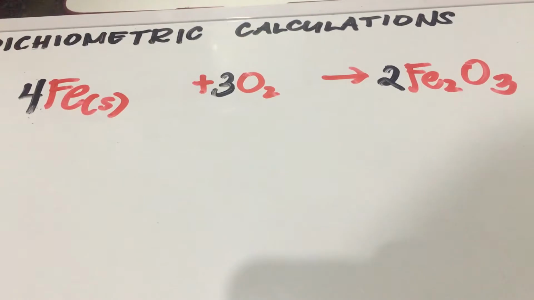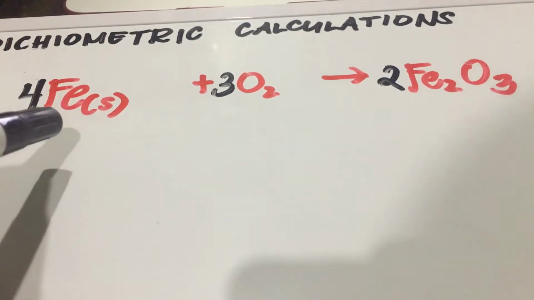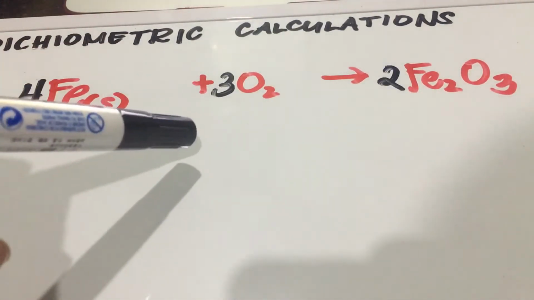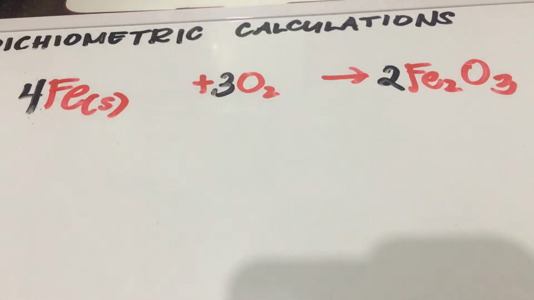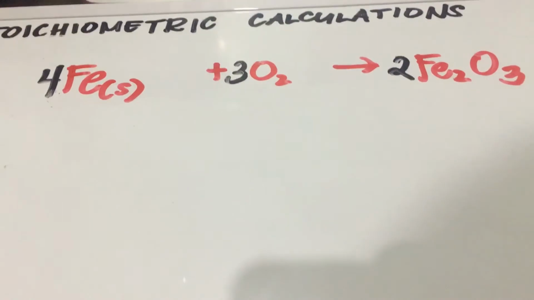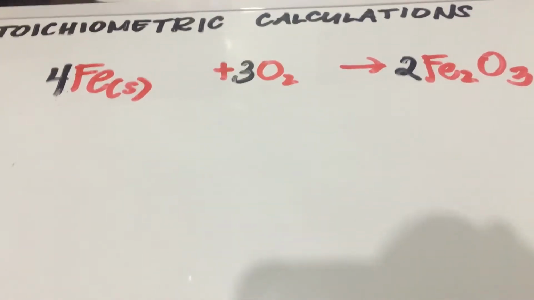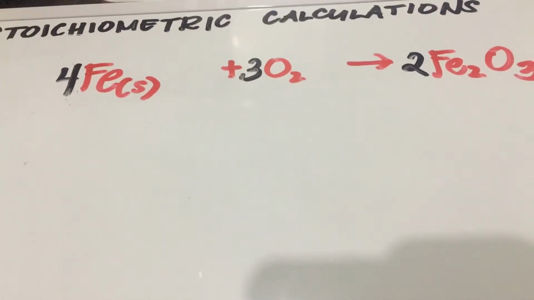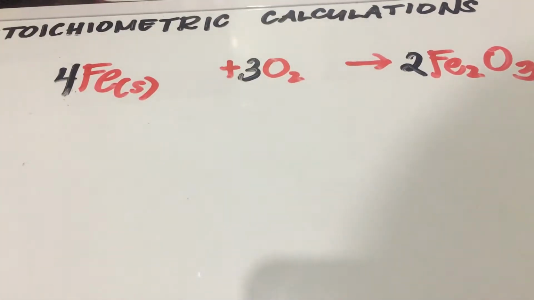Now we can see that there are 4 iron atoms both in the reactant and in the product side, and 6 oxygen atoms in the reactants and in the product side. Alright, so now that we have our balanced chemical equation, what's the next thing that we'll have to do?